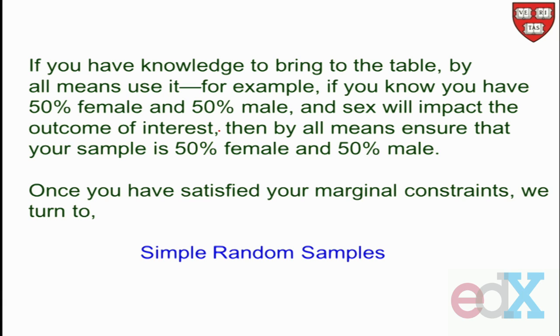Don't leave it up to chance, because chance is not going to give you 50-50. You've seen that from the quincunx. In the long run it will, but at any one shot it might not. So by all means do that. But be careful. Don't use too many of these constraints.